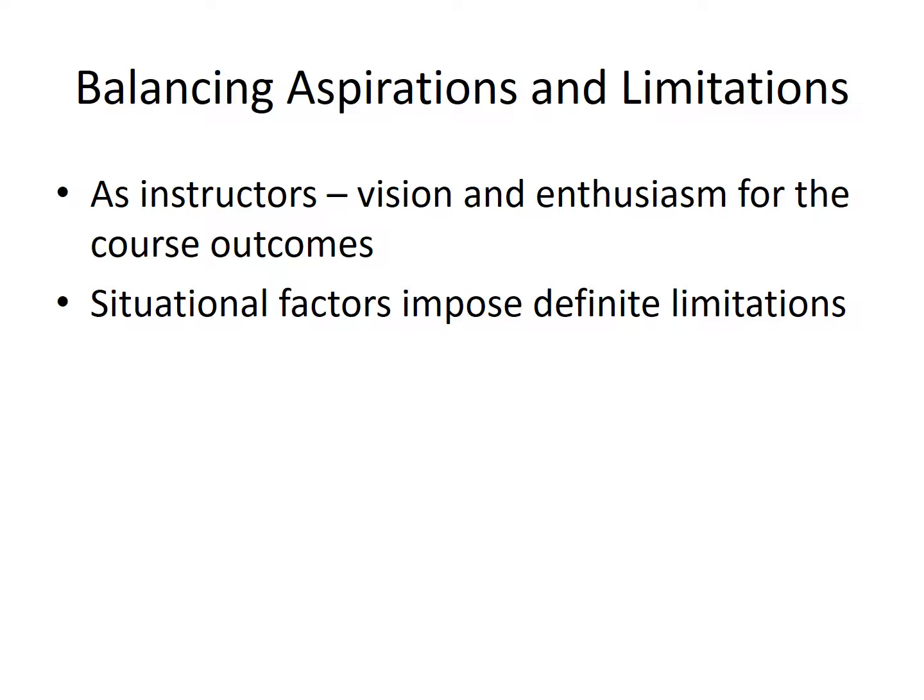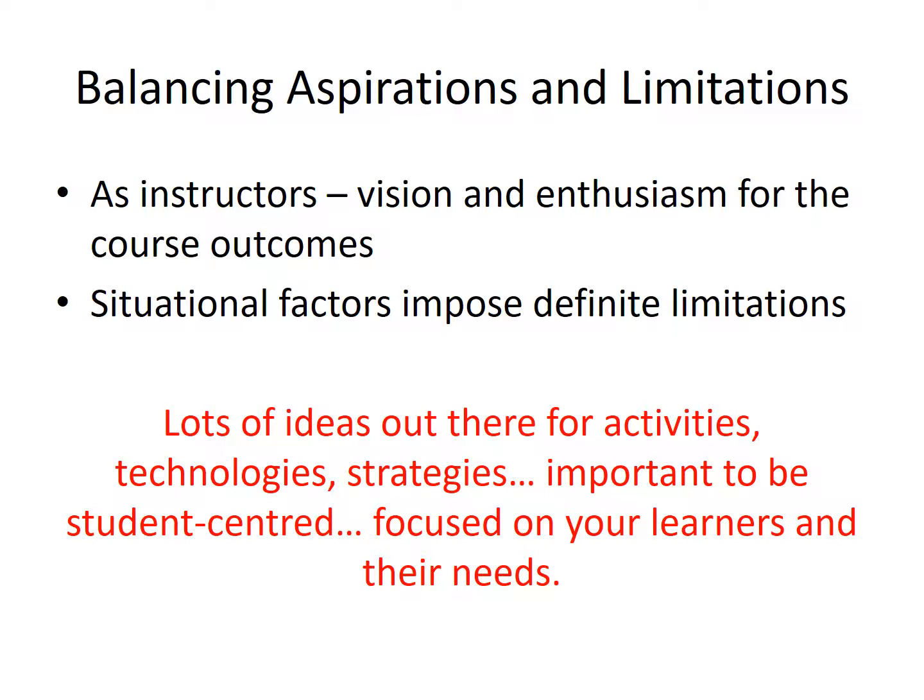We have our ideas of what we would like to see in a course and how we would like our students to interact and how we would like them to engage with the material we are presenting. But we have to balance that against the realities of the limitations of our learners in their context, and also the online learning context, which provides its own specific contextual factors that need to be taken into consideration. So we're going to have to do some filtering.